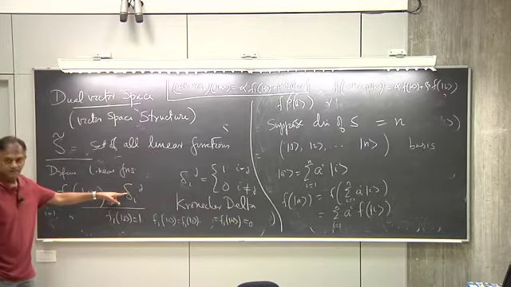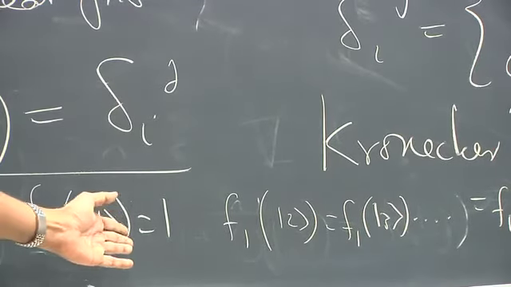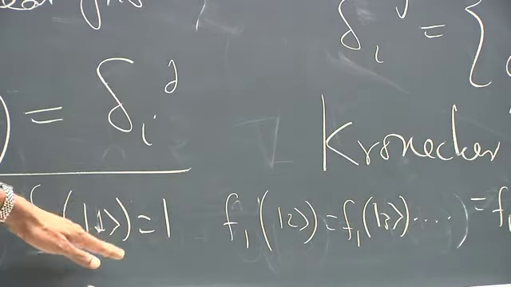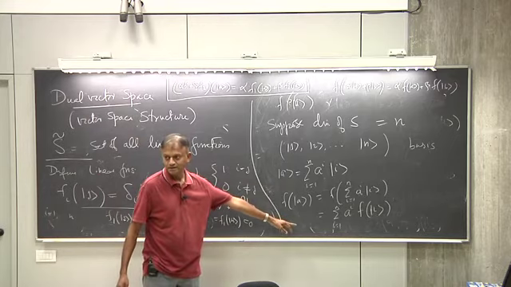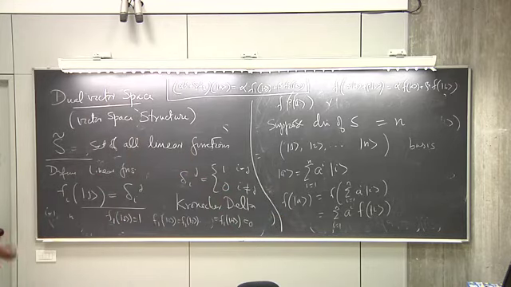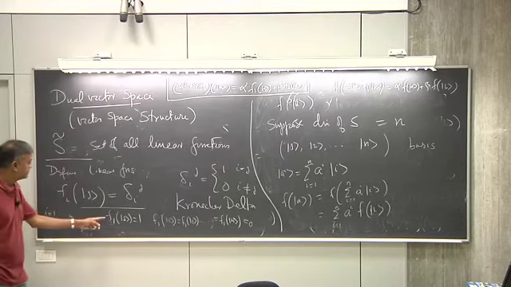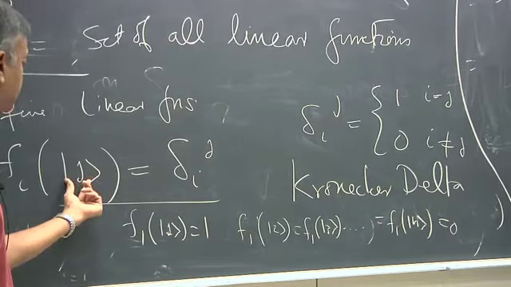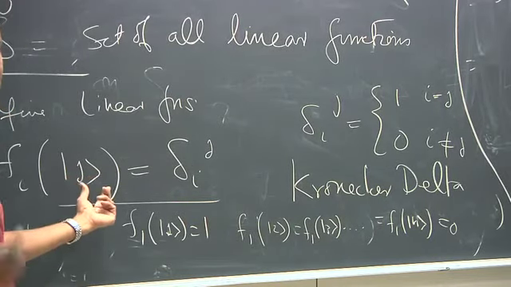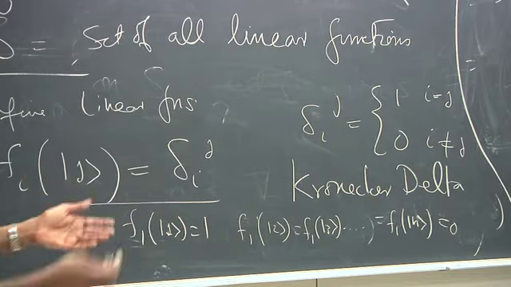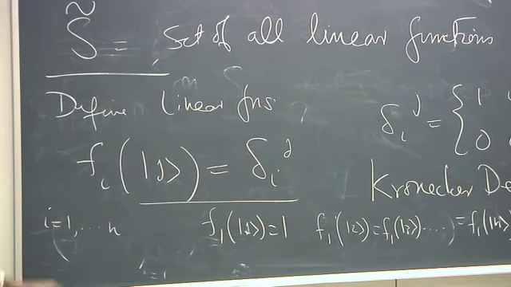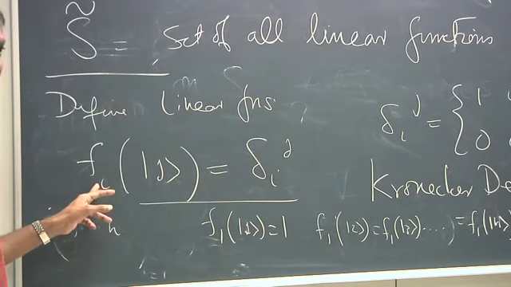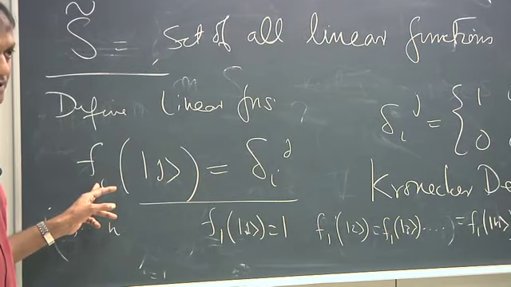This defines one function, and now I can extend it to the entire vector space by using the linearity property. Similarly, f2 acting only on the second basis vector will be 1, and on everything else it is 0. So this is just a definition. I have defined n functions. Now, the claim is that these n functions form a basis of S tilde.